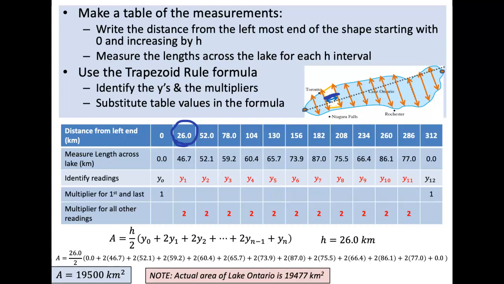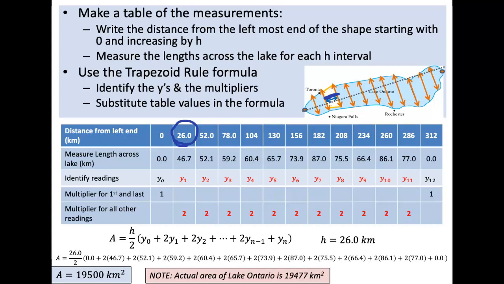And for these lengths that are measured across, we start here at a single point. So that's 0. But this first measurement going across here is 46.7. And then this second measure going across is 52.1, and so on. 59.2, 60.4, and so on.